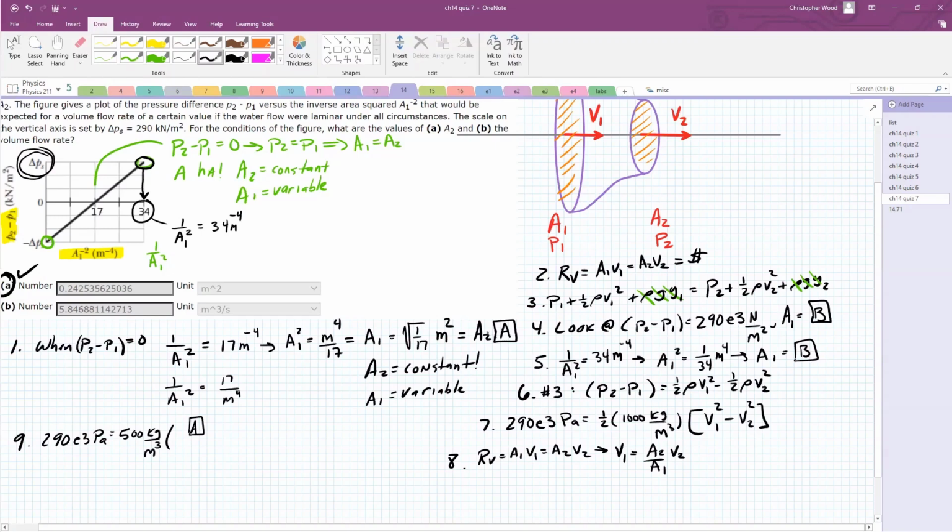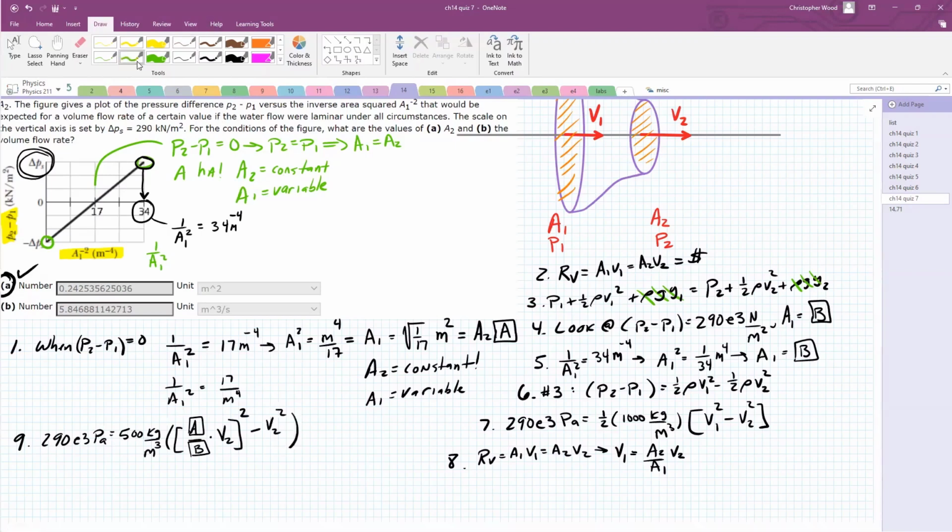Here's A1. A1 is calculator memory location B. So that's A2 over A1 times V2, and I've got to square it. This whole thing gets squared minus V2 squared.